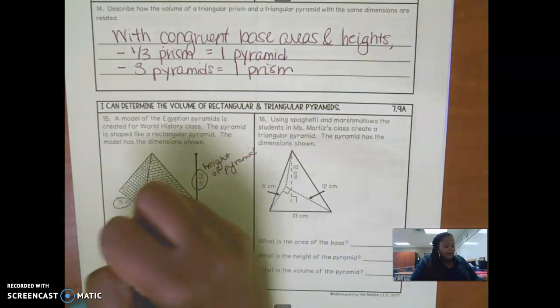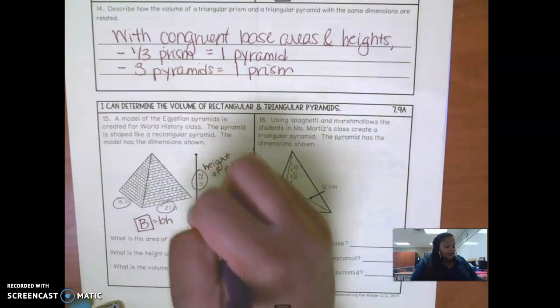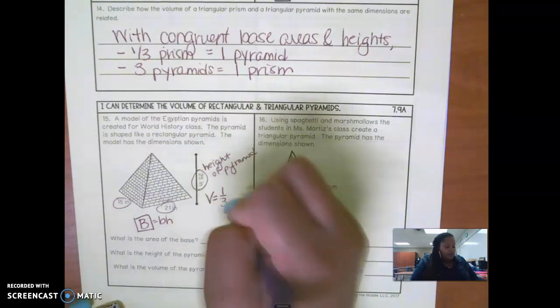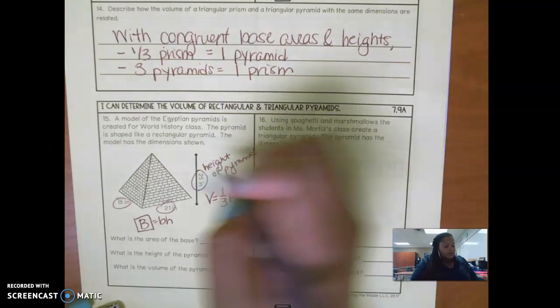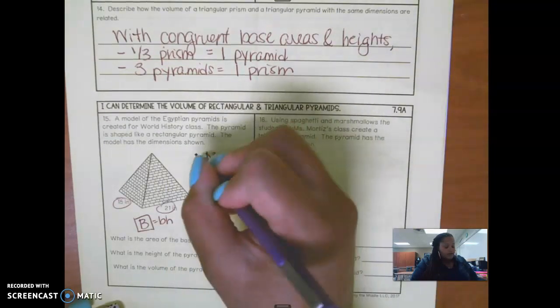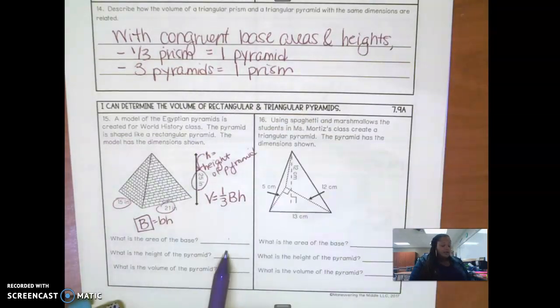My big B equals base times height. My volume equals 1/3 big B times height. This is my height, 25. Find out big B, plug in what you have discovered, multiply to solve.